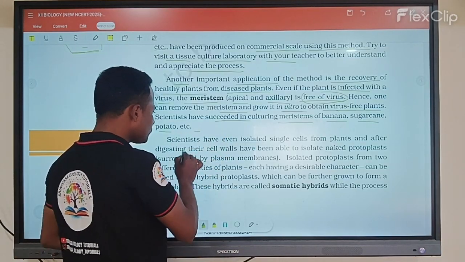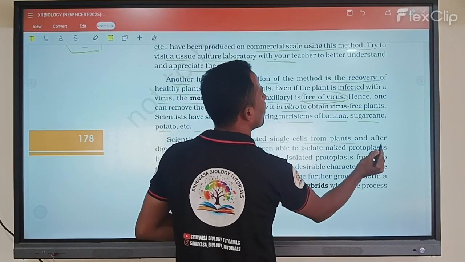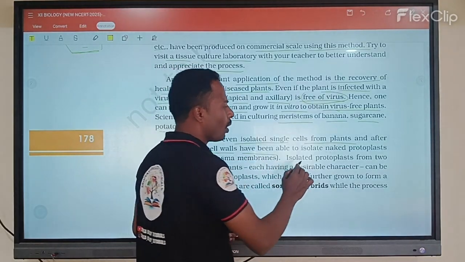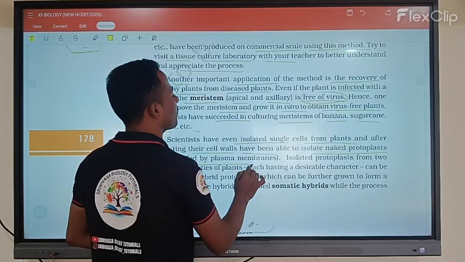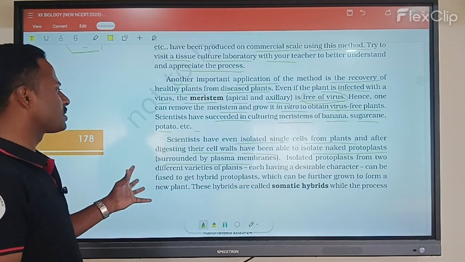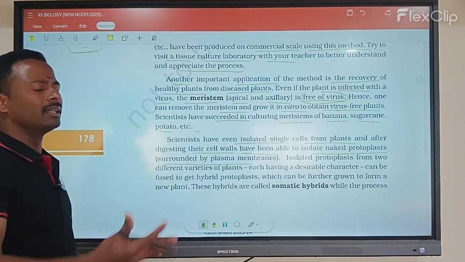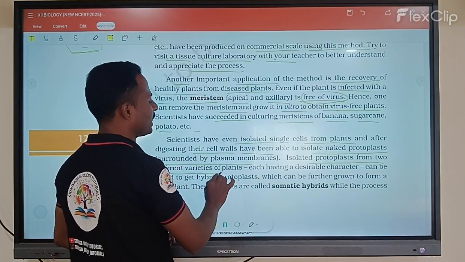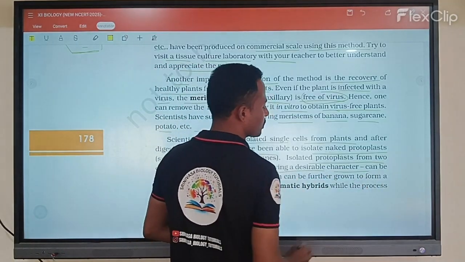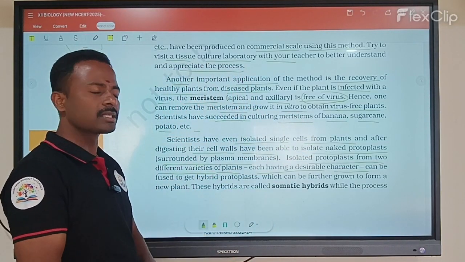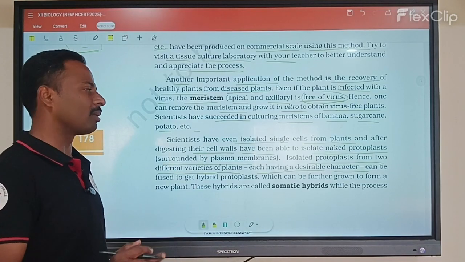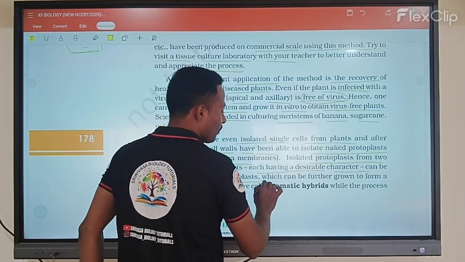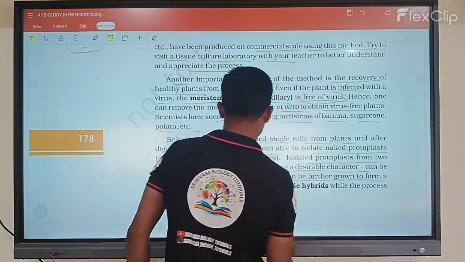Next, scientists have even isolated single cells from plants and, after digesting the cell walls, have been able to isolate a naked protoplast surrounded by the plasma membrane. Protoplasts isolated from two different varieties of plants, each having desirable characters, can be fused to get a hybrid protoplast, which can be grown to form a new plant.